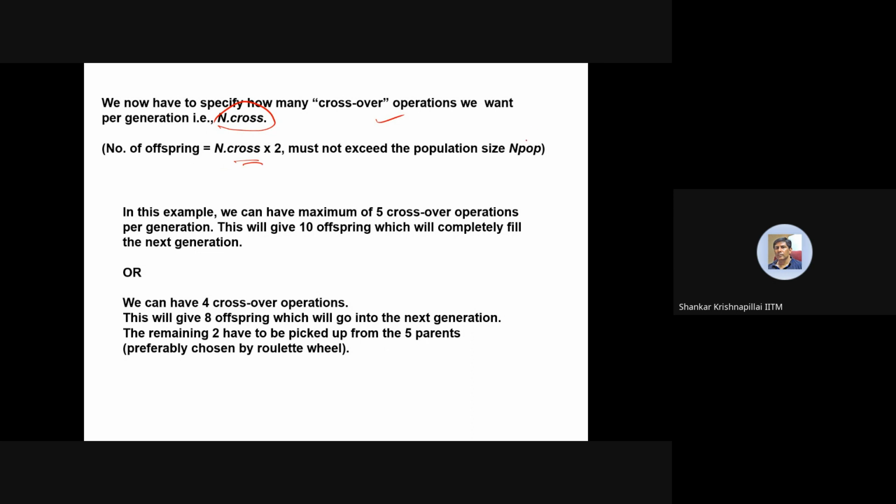So that must not exceed the population size. Our population size is 10, so we can have only 10 offspring. So we can have only 5 crossover operations. 5 crossover operations will give 10 offspring. So you have to stop at 5 crossover operations. That is the maximum.